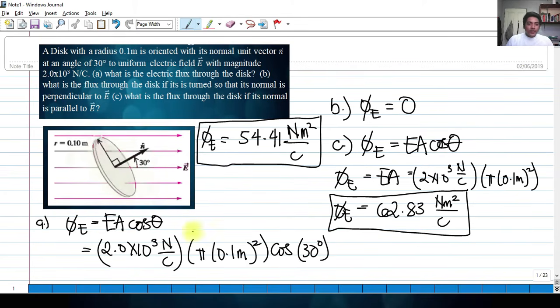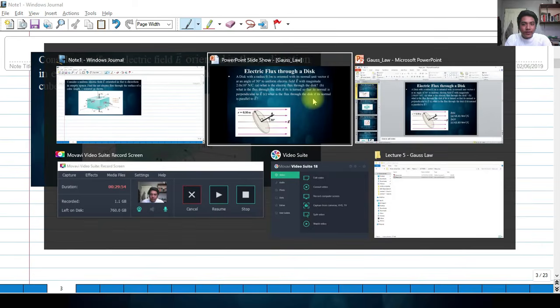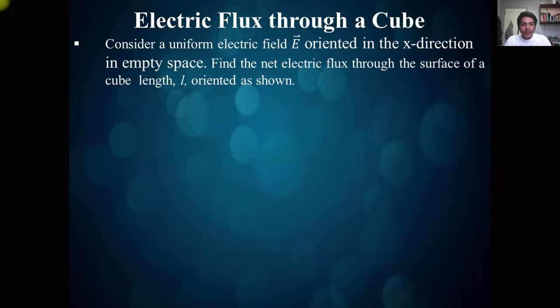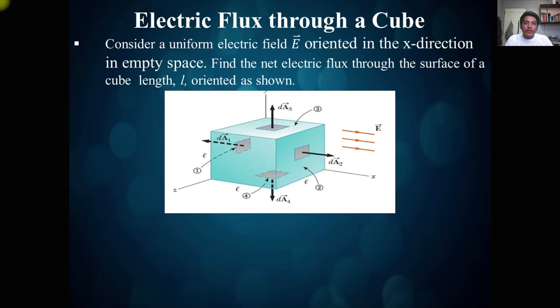So let's continue our discussion for problem number 2. Here is our answer, by the way. Problem number 2 is to consider a uniform electric field E oriented in the positive x direction in empty space. Find the net electric flux through the surface of a cube of length L oriented as shown.